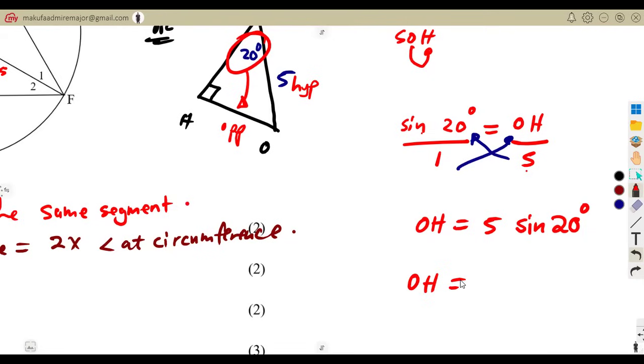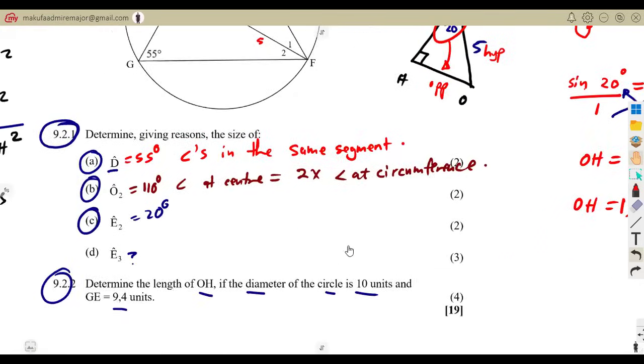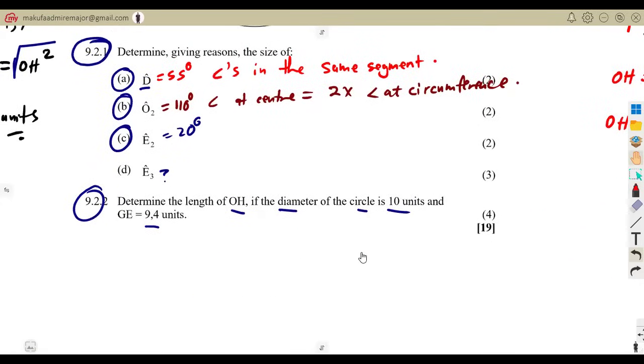So 5 sine 20 degrees on your calculator was going to give you 1,71 units. That is to 2 decimal places. So like I said, there are so many ways of solving this one. There are so many ways that you can actually use, guys, as long as you are applying your information properly.